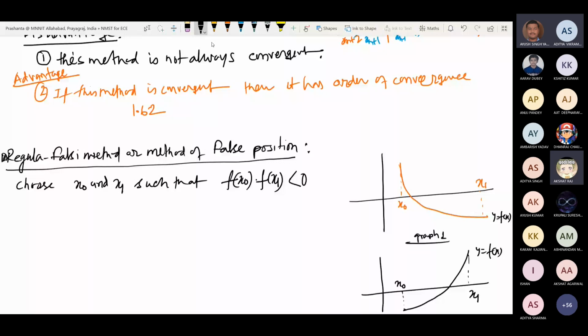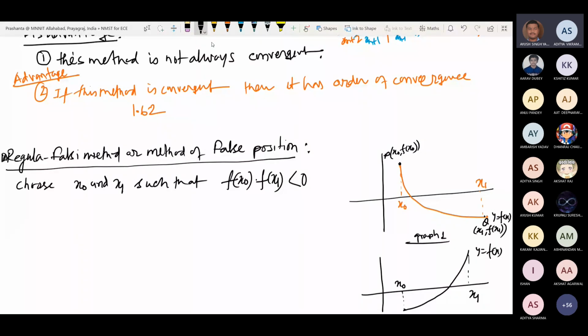Once we choose X0 and X1, we'll follow the same procedure. What is the coordinate of the point P? If this is the point P, the coordinate is x0 comma f of x0. And what is the coordinate of the point Q? X1 comma f of x1.